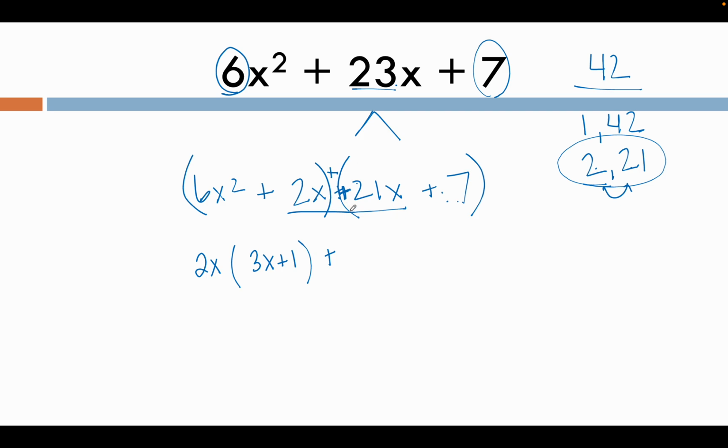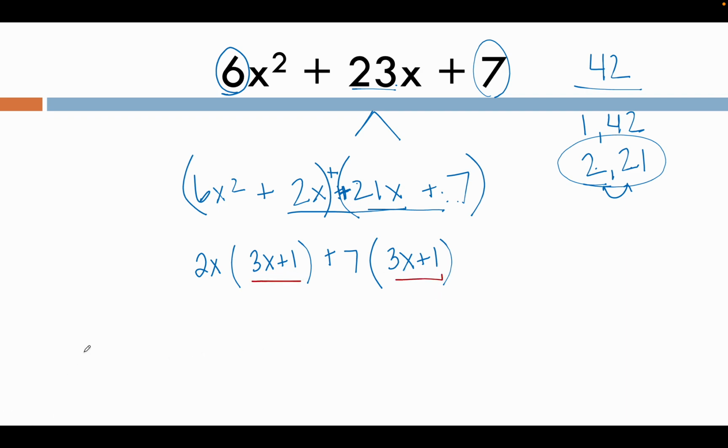For addition, it's not so big of a deal if you forget to group the plus sign, but with the subtraction sign we have to, because it will give a different answer, and I'll show you that when we get there. But plus the greatest common factor here is 7, and what's left is 3x plus 1. Now you might notice, and this has to be true to make sure you're doing this correctly, that this quantity and this quantity must be identical.